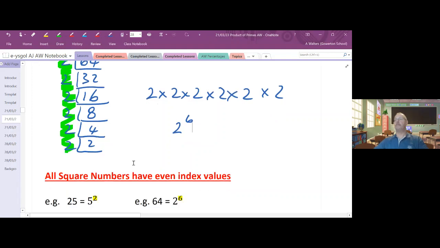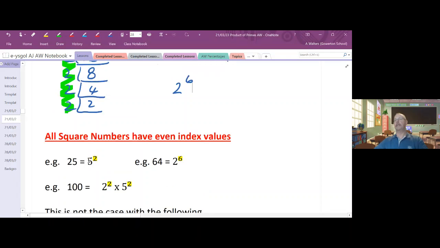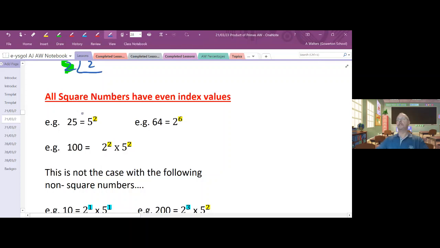What you're often asked as a 1 mark question is what I'm going to try and show you now. All the square numbers, when we put them as a product of prime numbers in index form, you will notice, and if I was in my own class I would do a long list of numbers, some square, some not, and we would discover that all square numbers have an index value that is even. 2 is an even value.